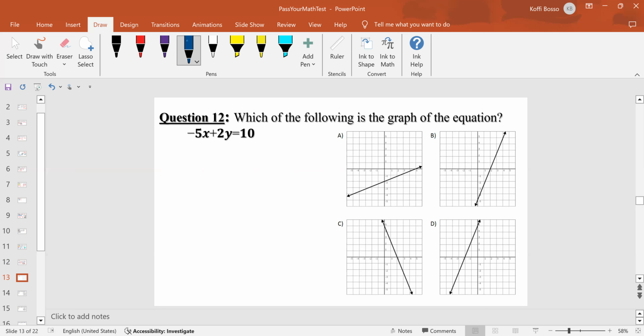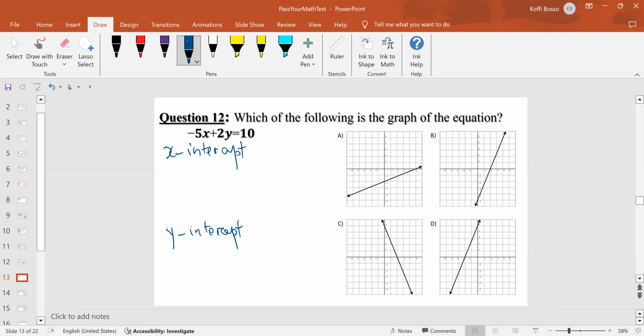Now, for this question, again, we have many methods, but I can tell you that you could find the x-intercept and the y-intercept. If you know these two values, you are good to figure out which line has the equation negative 5x plus 2y equals 10. X-intercept means what?